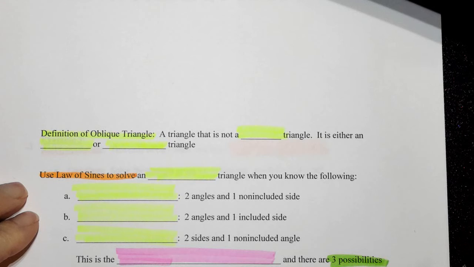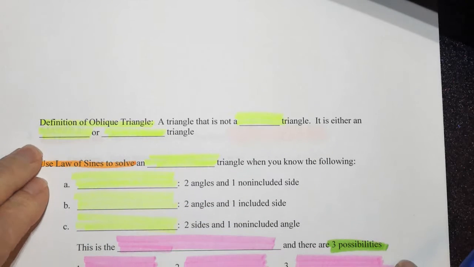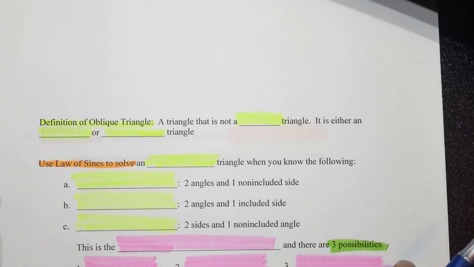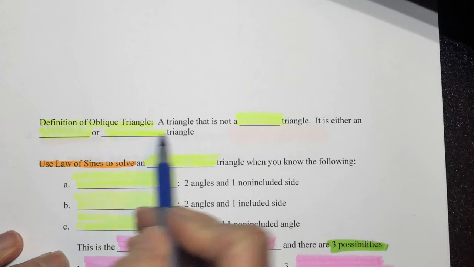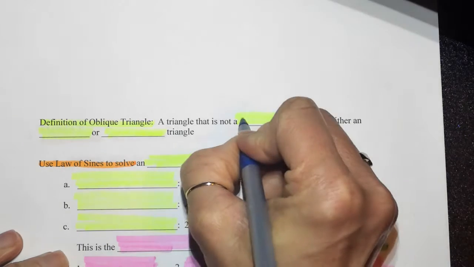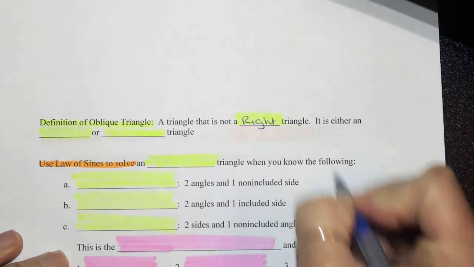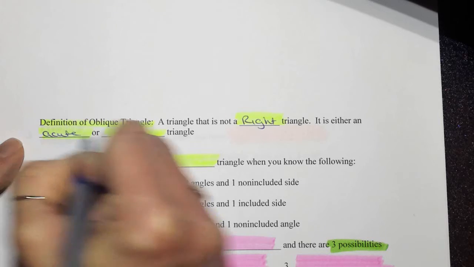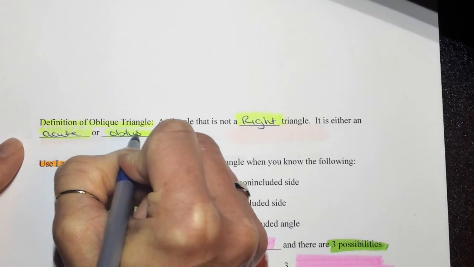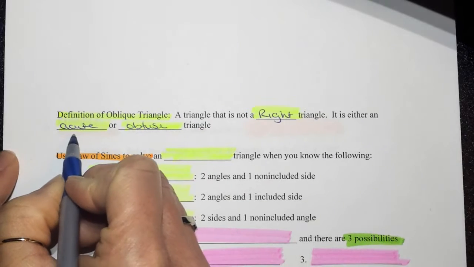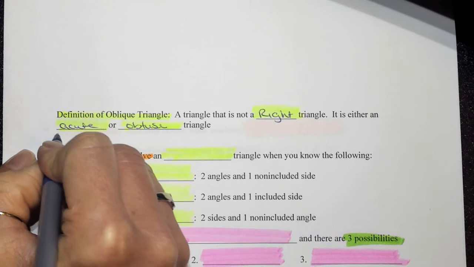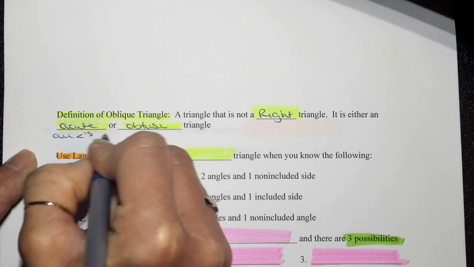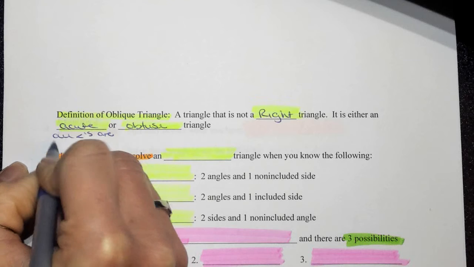Okay, so what we have is the definition of an oblique triangle, and this is what we're using the law of sines to solve for. So an oblique triangle is a triangle that is not a right triangle. It is either an acute or obtuse triangle. So remember, an acute triangle is all angles are between 0 and 90.